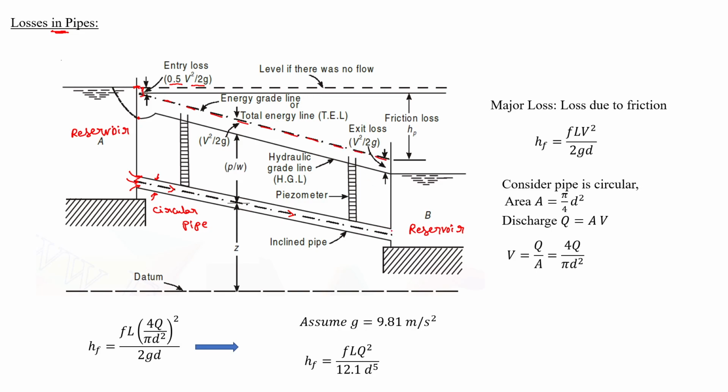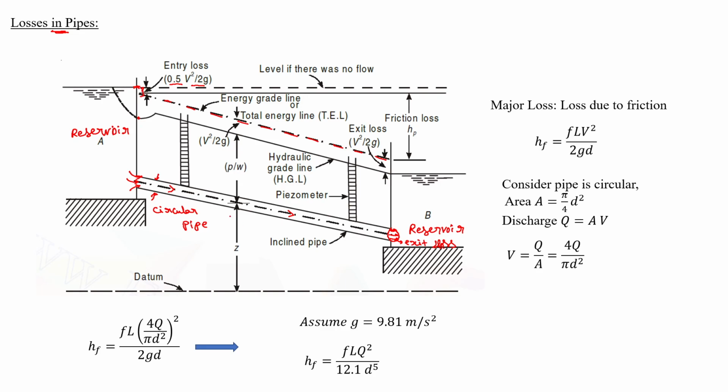After that, when the flow exits from this pipe at this particular location, we will also experience one loss termed as exit loss, which is v square by 2g.